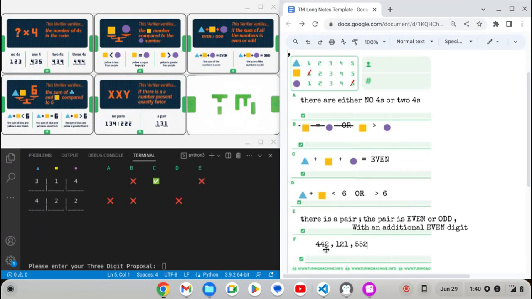So let's take a look. So this is interesting. Notice that even though criteria card A would distinguish between the first and last, both of these have a sum that is greater than 6, which would be this option here.